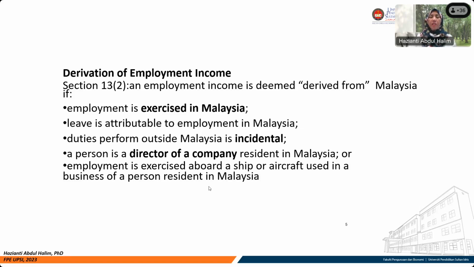So for Malaysia Airlines, for example, or its ships going to many places, but the business belongs to a person resident in Malaysia, wherever that person or that employment goes, we say it derives income from Malaysia, so it will be taxed under Malaysian law.